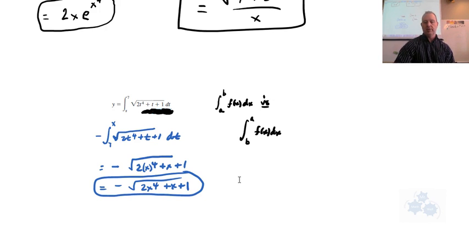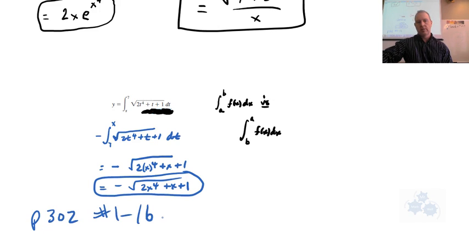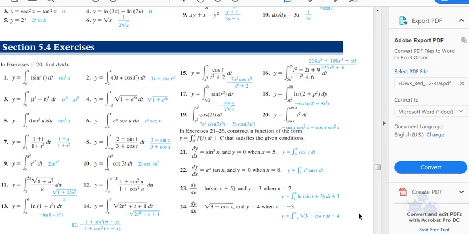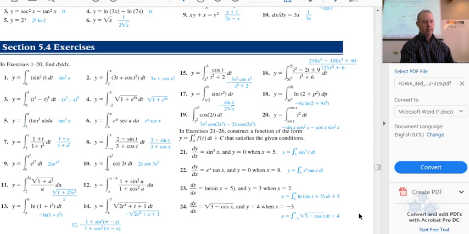So exercises 1 to 16, page 302. Okay. You don't have to worry about that, I don't think.